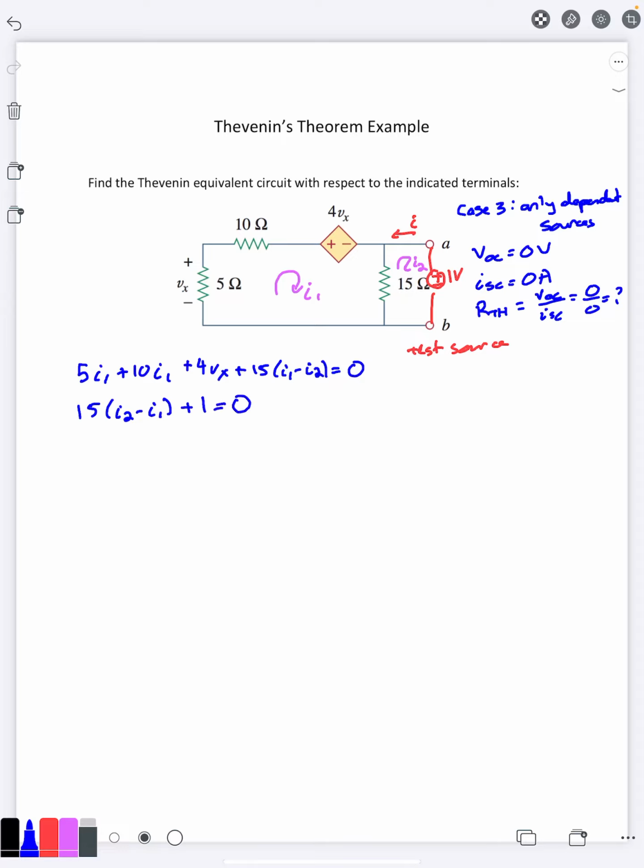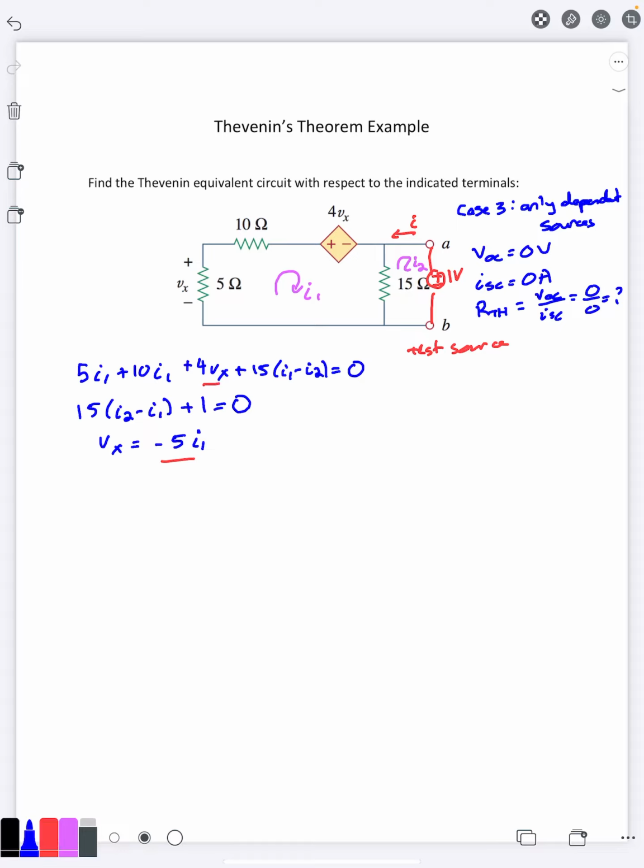Then since I have a dependent variable, I need to figure out the relationship between the dependent variable and our mesh current variables. Based on this, Vx is going to be, since the I1 is coming out of the 5 ohm resistor, it's not following the passive sign convention, a negative 5I1. I'll substitute that up there and do some simplifications.